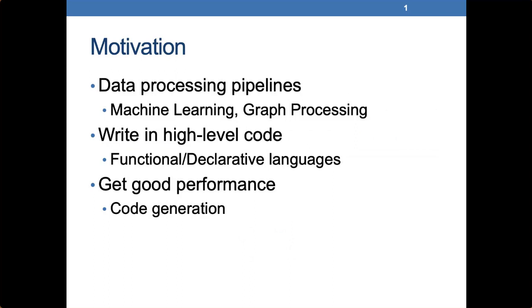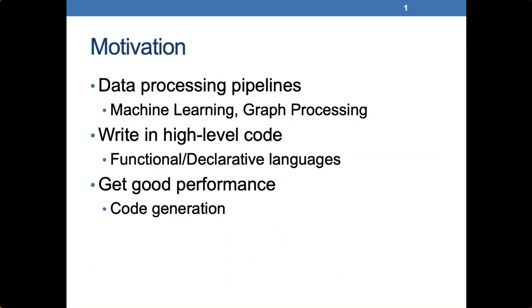And this is because usually these pipelines are implemented by data scientists who are not necessarily computer scientists with that much systems knowledge. And nevertheless, we would like to get good performance. And this is usually achieved by using code generation and compilation to generate efficient low-level code from the high-level specification of the data processing pipeline.